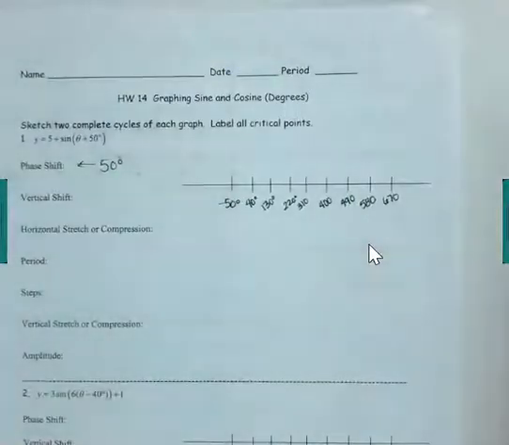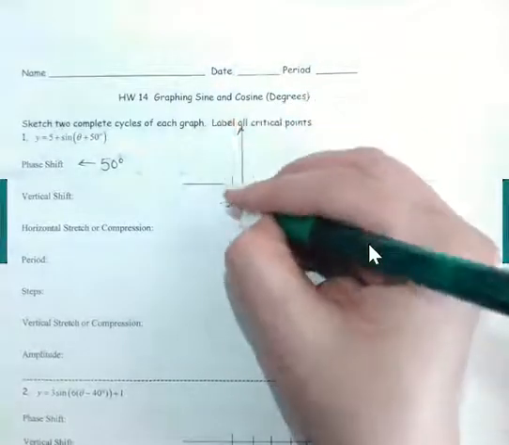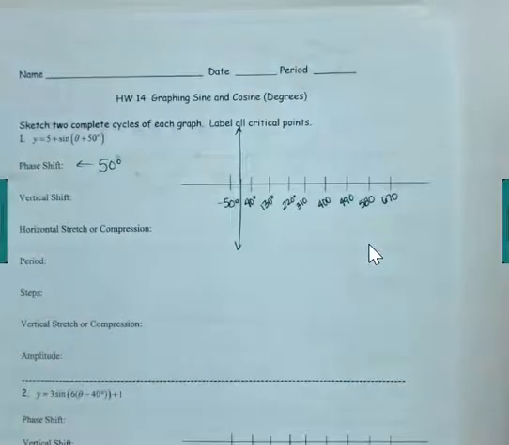Now, quick question. This is the first time that we've had one of these. If my first marker is negative 50 and this is 40, where should the y-axis be? Over here still? Where would 0 be? In between those. Okay, so it doesn't have to look perfect, but your y-axis should be where 0 would have been. So I want to put it between the negative 50 and the 40.